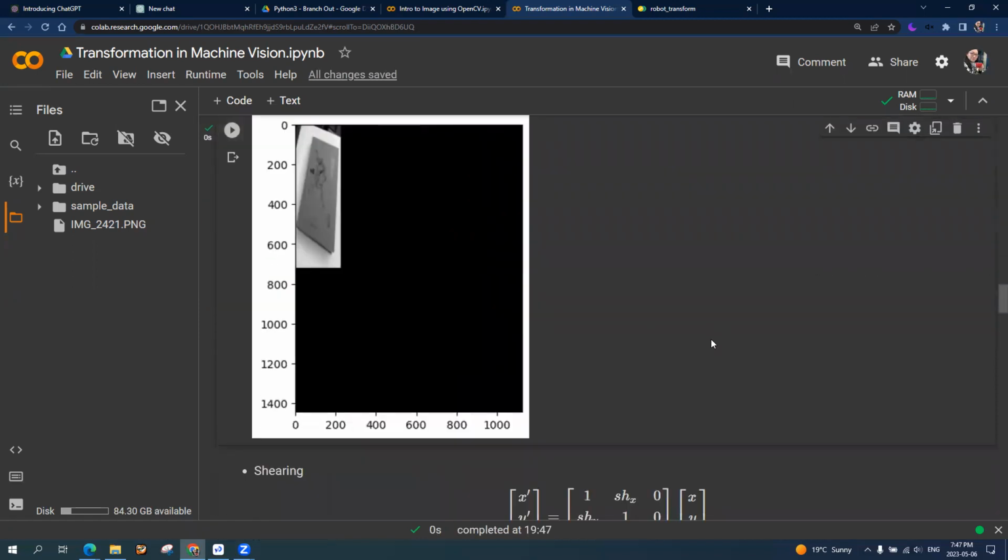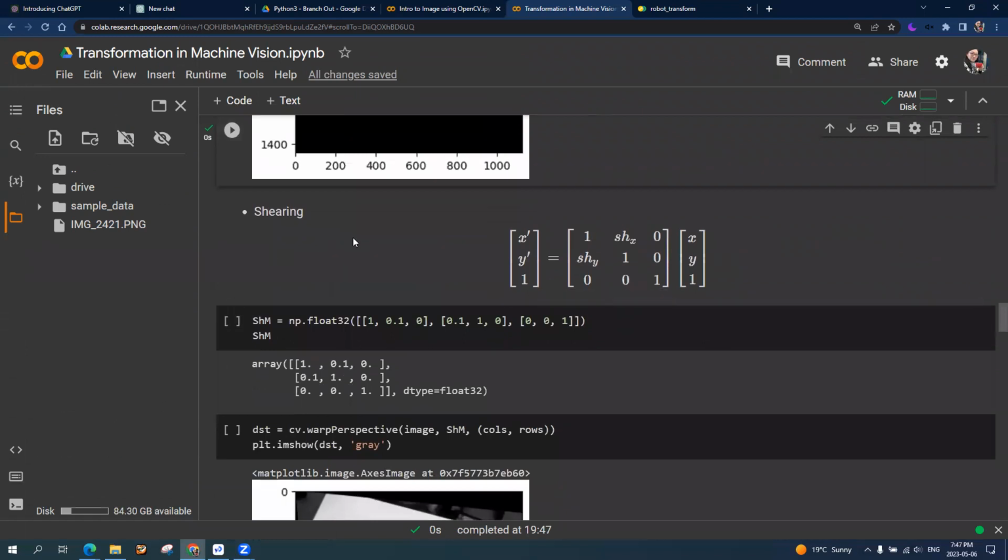All right, the scaling. And shearing is basically moving things into a parallelogram kind of change. Say you have a square, a shape like this, then shearing just means that you change it into a shape that looks like this.